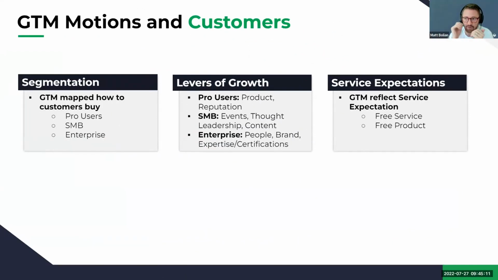Your segmentation, your go-to-market, is mapped not to how you sell. You may sell a completely different way, but what you need to look at is how people are buying your products, from the pro users, the SMB, the mid-market, the enterprise, because how someone is buying dictates the go-to-market motions you should be using, not how you want to go to market necessarily, but how they are buying.